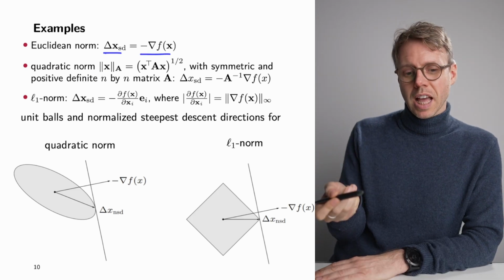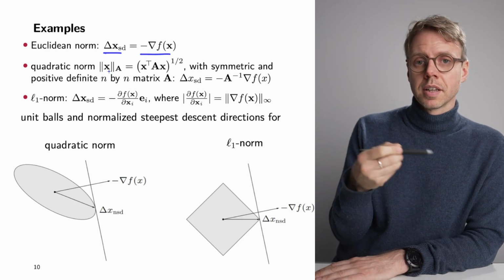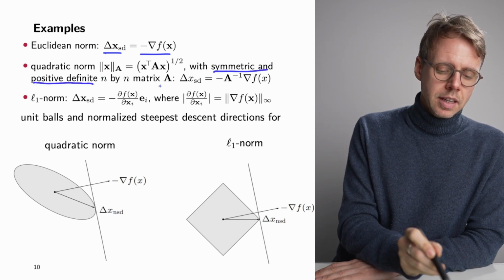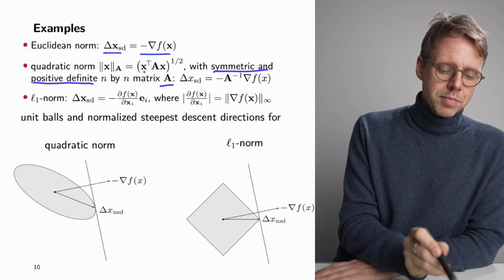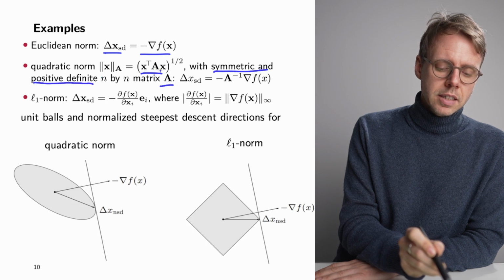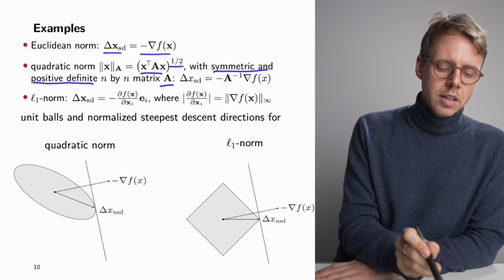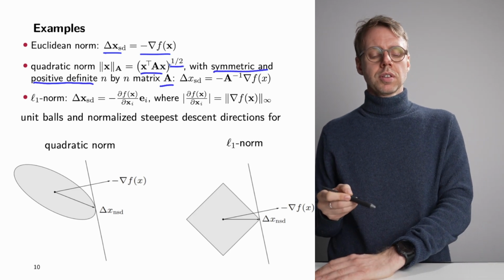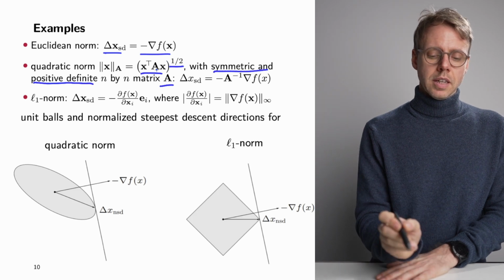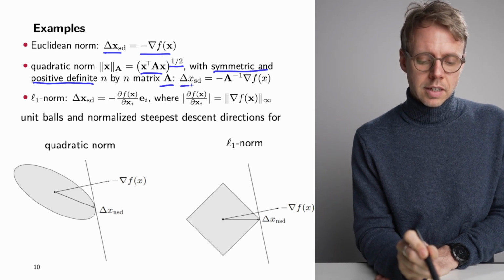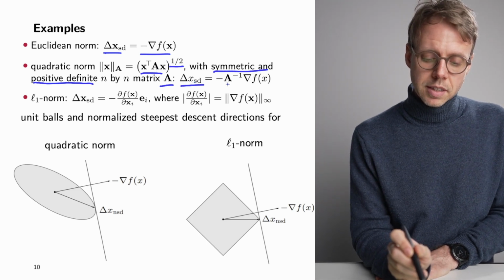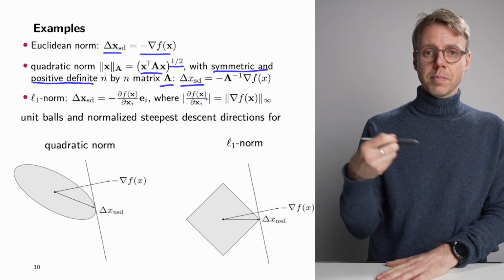For example, we could have a quadratic norm defined by a symmetric and positive definite matrix A, given by the square root of the quadratic form of x with A, so x transpose A x to the power of 1/2. In this case, the steepest descent direction would be given by minus the inverse of the matrix A times our gradient.